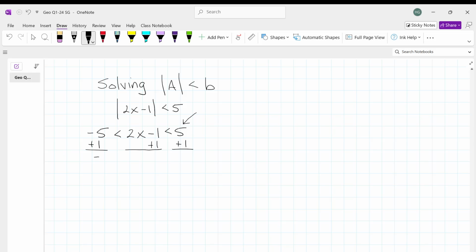We get negative 4 is less than 2x, which is less than 6. And then we can divide everything by 2. And negative 4 divided by 2 is negative 2 is less than x, which is less than 3.